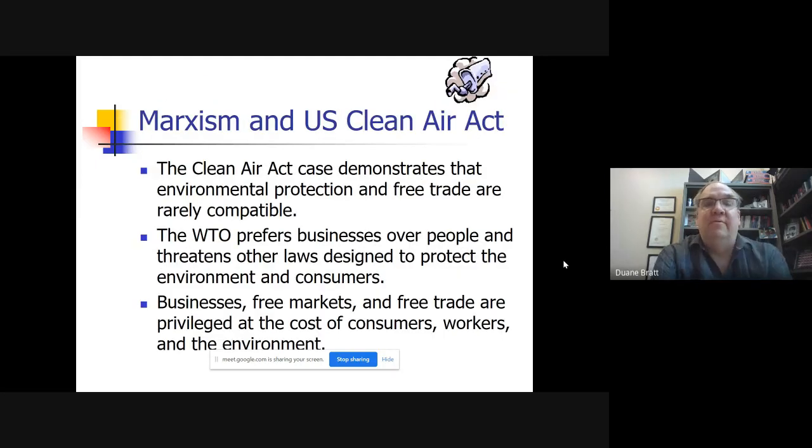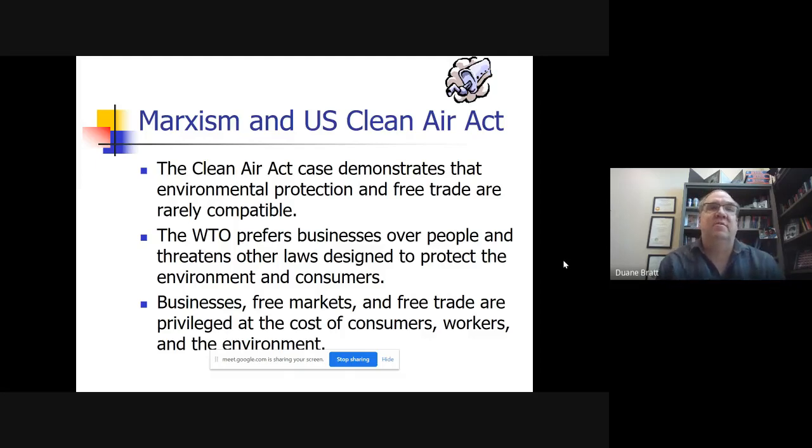Marxists have a very different view. It demonstrates that when there is a clash between the environment and free trade, trade wins, and that trying to reconcile the environment and trade is very difficult to do. The WTO prefers businesses over people, like oil companies, and laws designed to protect the environment, but also consumers and the people living with their air quality.